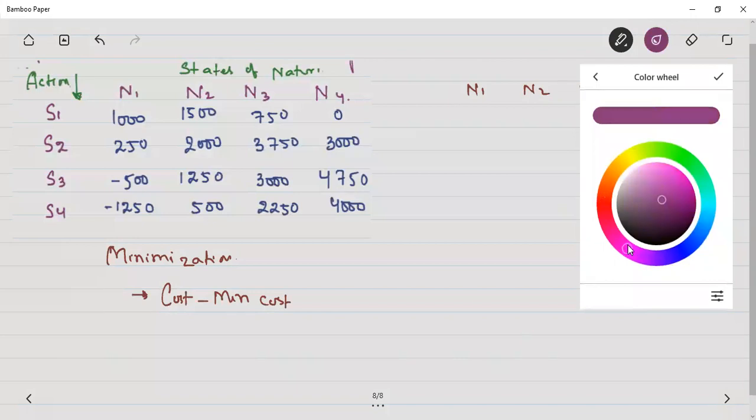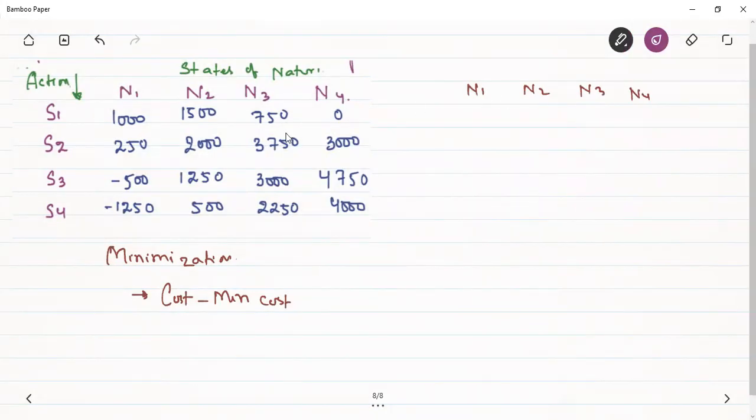In the first state of nature, the minimum cost is minus 1250. So this 1000 is a cost, and it is cost minus minimum cost. 1000 minus minus 1250 will become 2250. 250 minus minus 1250 will become 1500.